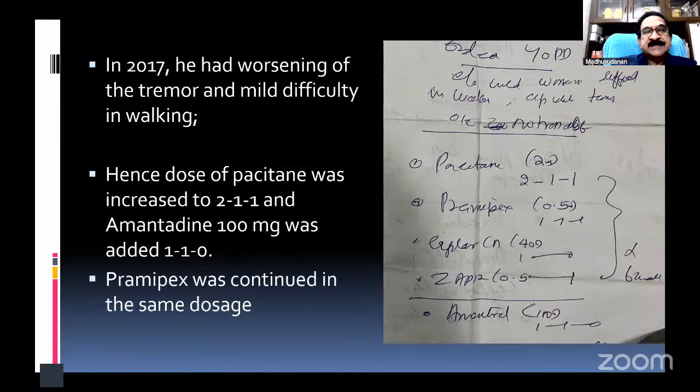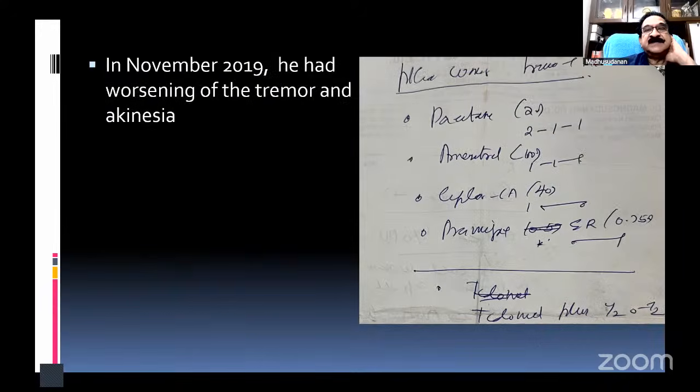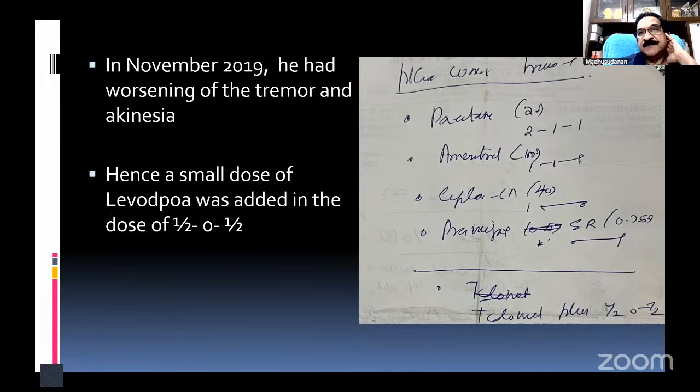In November 2019, it was very slowly progressive. Now 9 years later, he had worsening of the tremor and mild akinesia. That is the time when I put him on a small dose of levodopa, half of 125 milligram. The Pacitane and amantadine were continued, and Primipex was changed to a once a day ER preparation, 0.75 milligram.